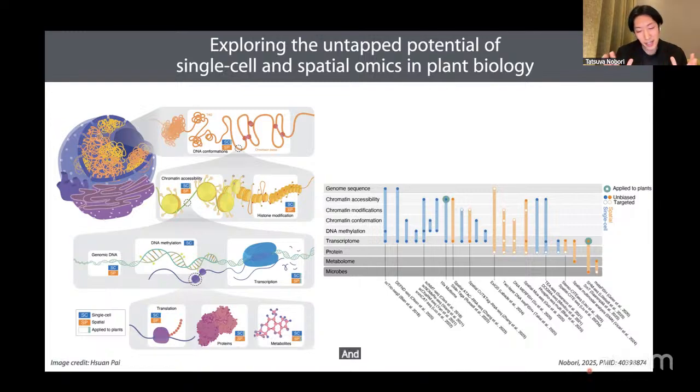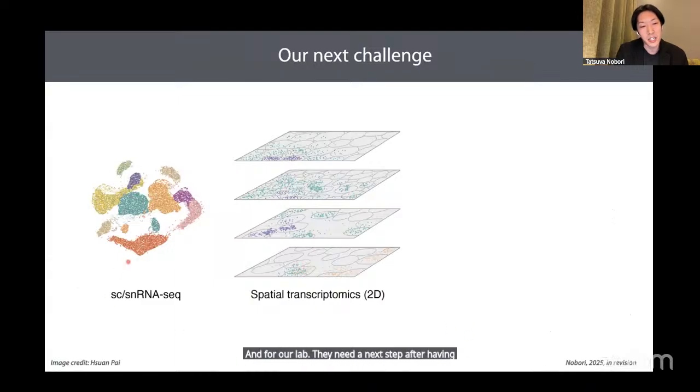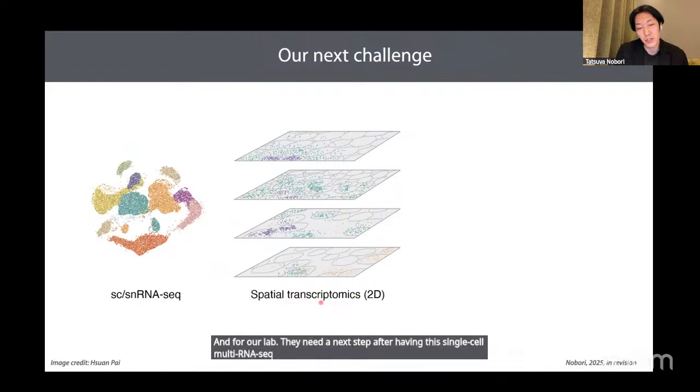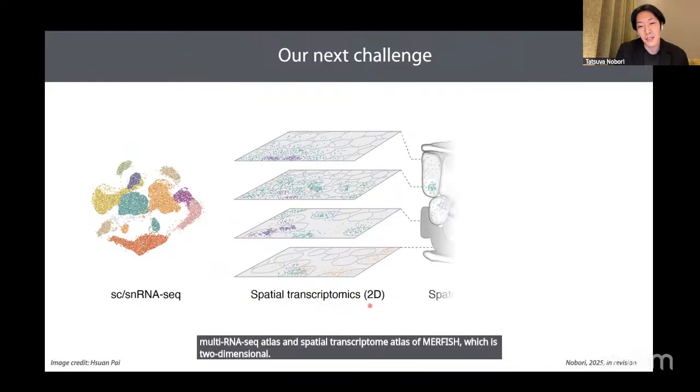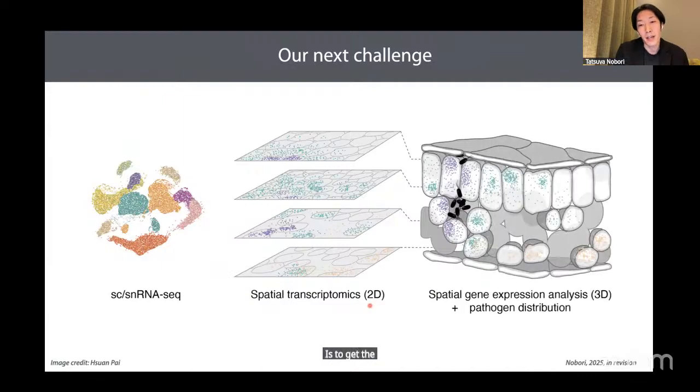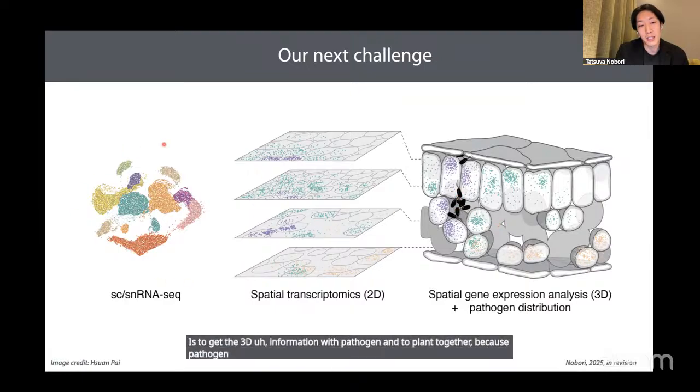And for our lab, the immediate next step, after having this single cell multiome or RNA-seq atlas and spatial transcriptome atlas of MERFISH, which is two-dimensional, is to get the 3D information with pathogen and plant together, because pathogen information has been lost in those two data sets we generated.